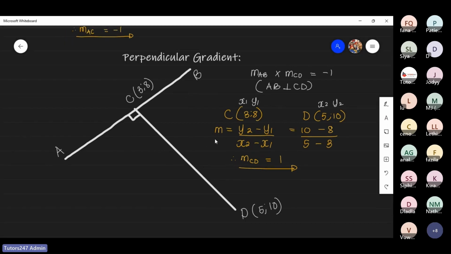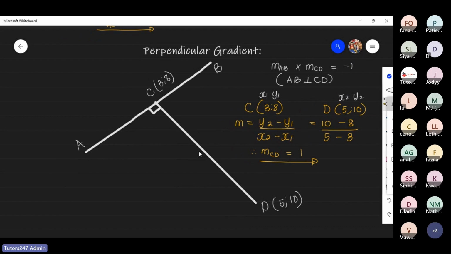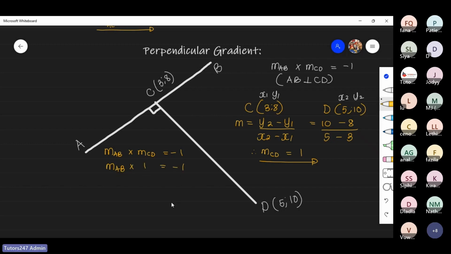Let us now use our perpendicular formula to calculate the gradient AB. So the formula is the gradient of AB times the gradient of CD equals -1, because AB is perpendicular to CD. We've calculated the gradient of CD, that was 1. So we can substitute it in, times 1 equals -1.